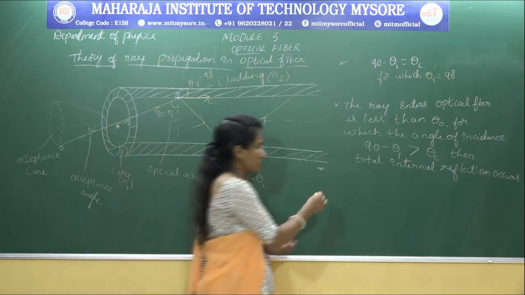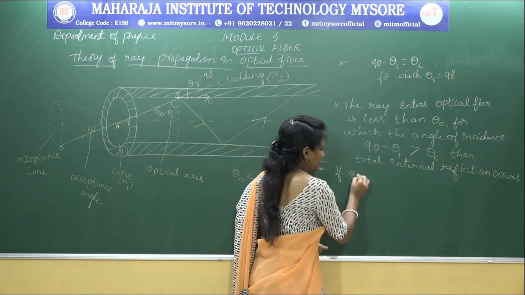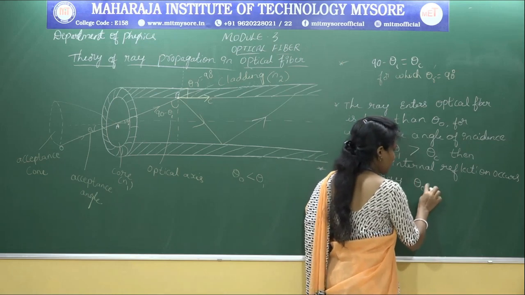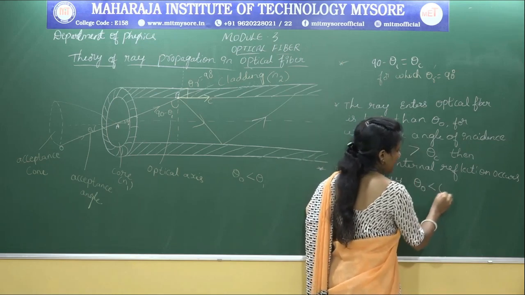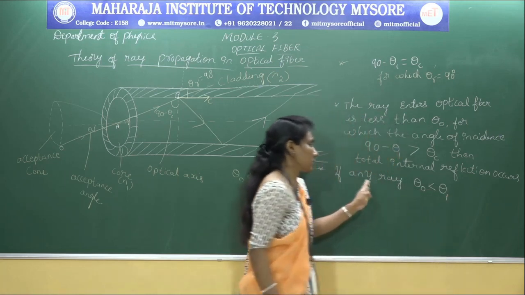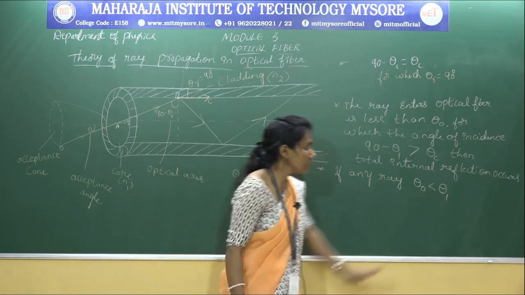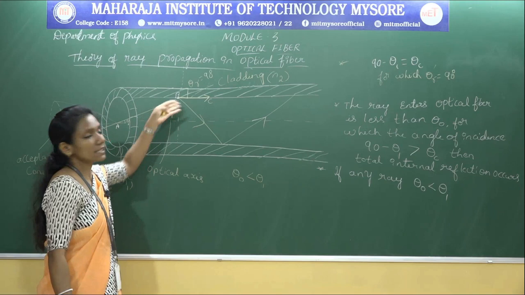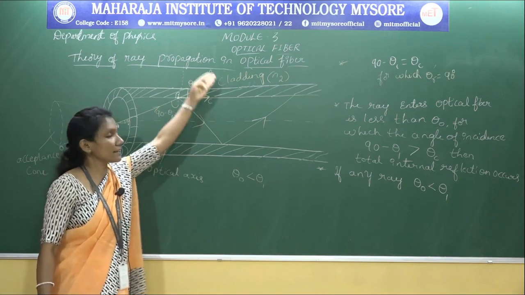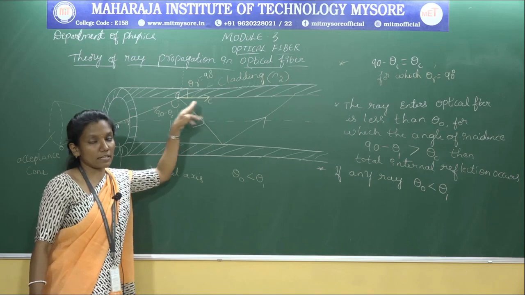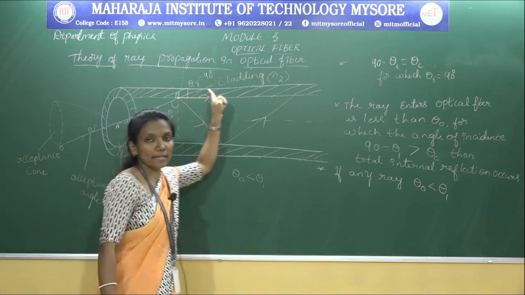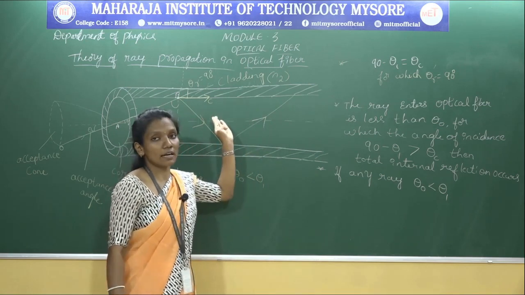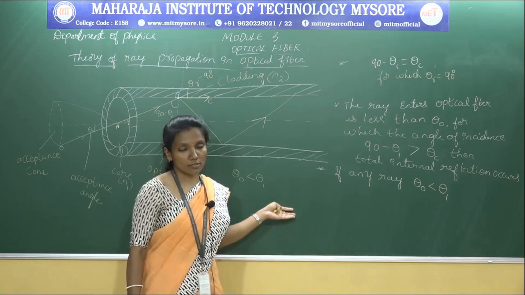Okay. So suppose any ray has an angle greater than the acceptance angle, theta naught, then what will happen? The ray of light will enter the optical fiber, and it will refract through the cladding region. So the data and the information will be lost in the optical fibers.